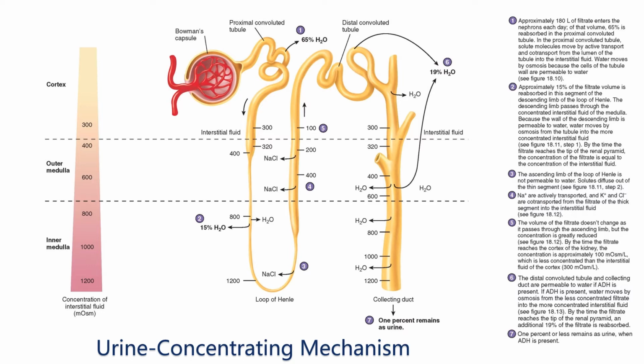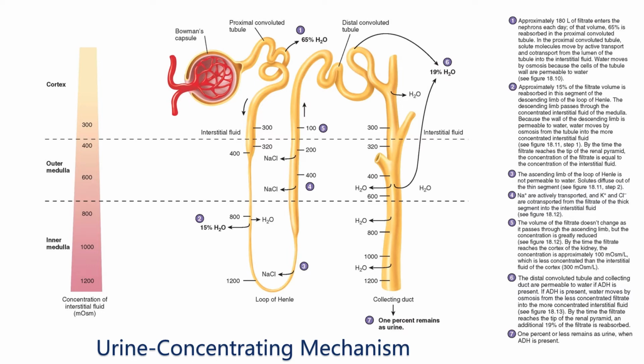The ascending limb of the loop of Henle is not permeable to water, so solutes diffuse out of the thin segment. Sodium is actively transported, and potassium and chloride are co-transported from the filtrate of the thick segment into the interstitial fluid.